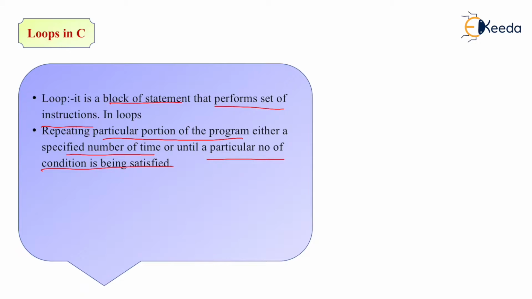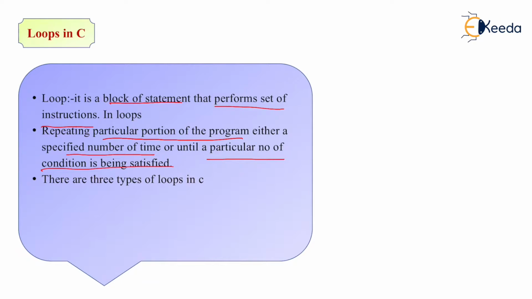That means it depends on the condition. If that condition is true, then that block of code will get executed repeatedly. But when the condition becomes false, the block of code will not get executed and your control comes out of that block.